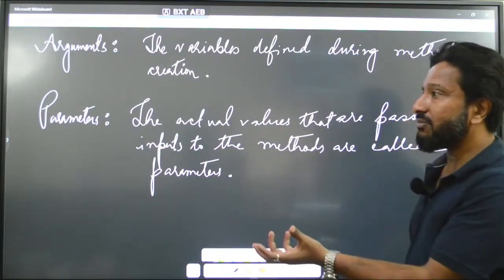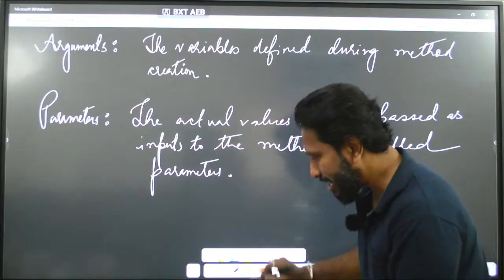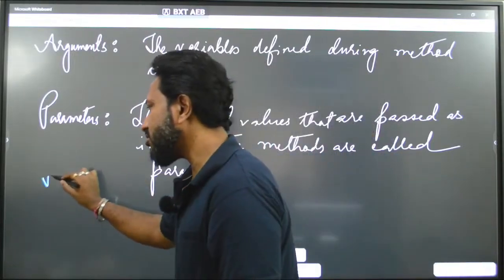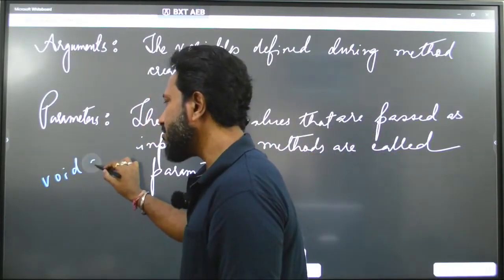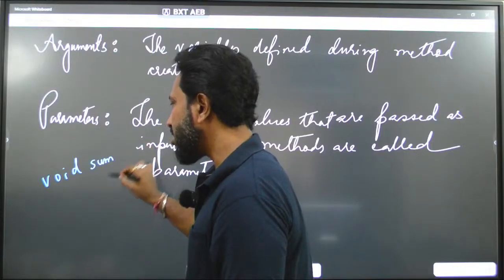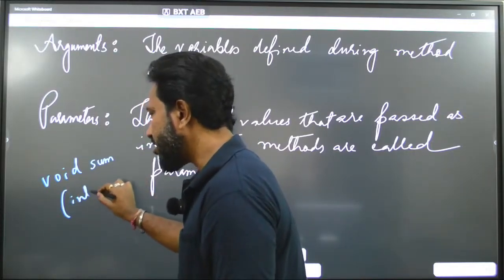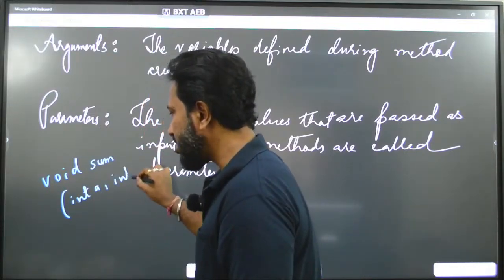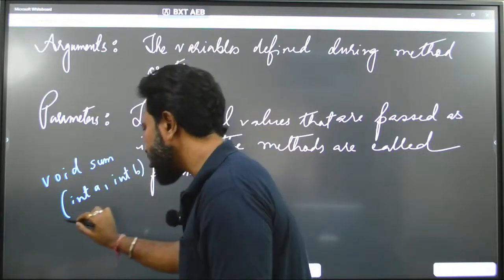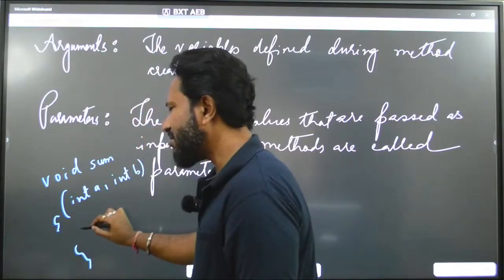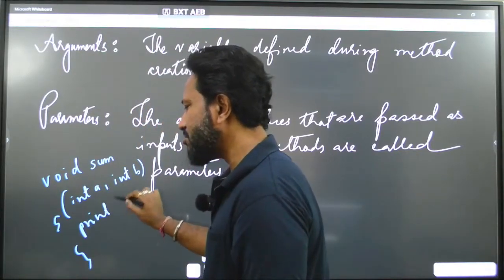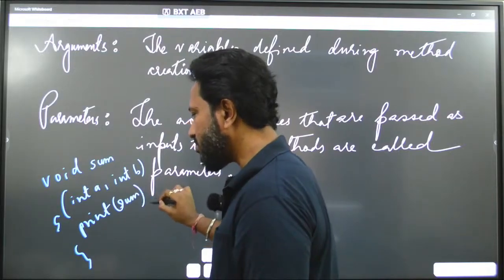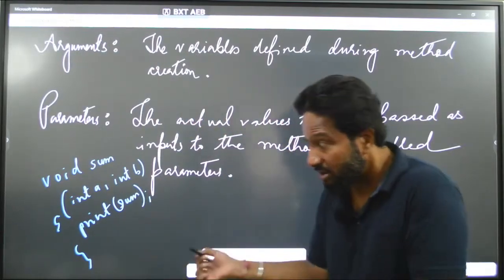Suppose 10 and 20 we are passing. So here we can simply write like this. Say I have a function void sum. Here I have int a comma int b, and then I have these braces where I am just printing the sum. Don't worry about the syntax, guys, just worry about the concept.